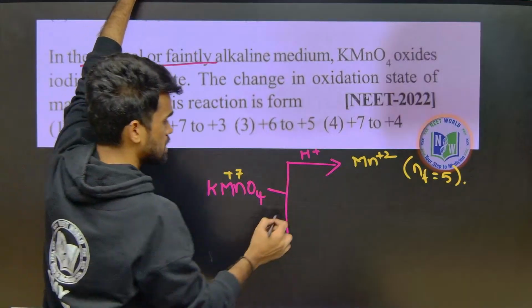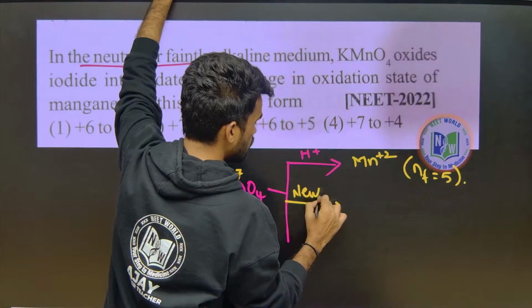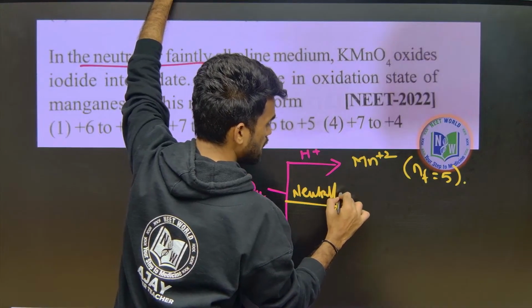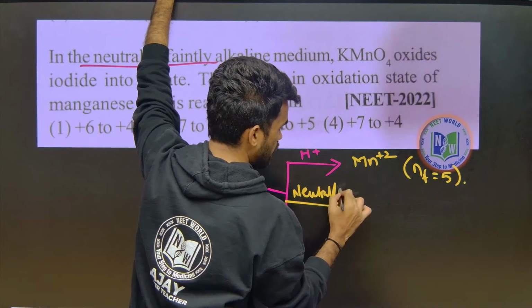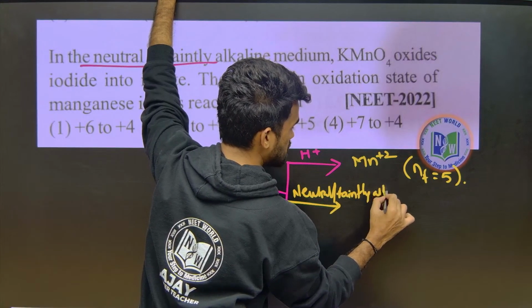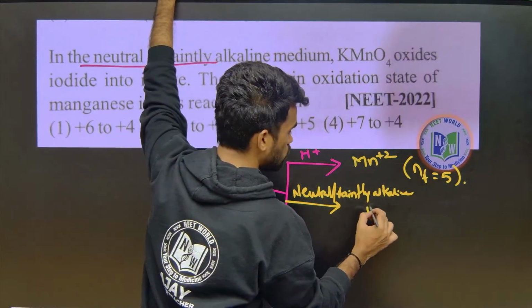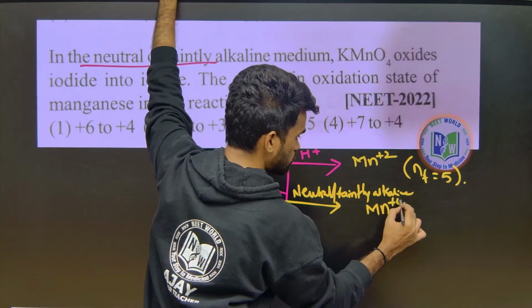Next, when this reaction is taking place in neutral or faintly or slightly alkaline medium, this is what they are saying in the question, faintly alkaline, so it means slightly basic medium, it will be converted into Mn+4.